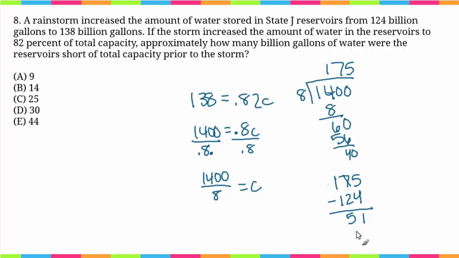If you do have extra time, I personally would probably double check my answer. And it's good to note that if we did this with these initial numbers, 138 and 0.82, we would end up getting 44.3 as our final answer. So we would follow the same steps, but without rounding, our answer is going to be much closer to 44 than the way we did it, which would be by rounding.